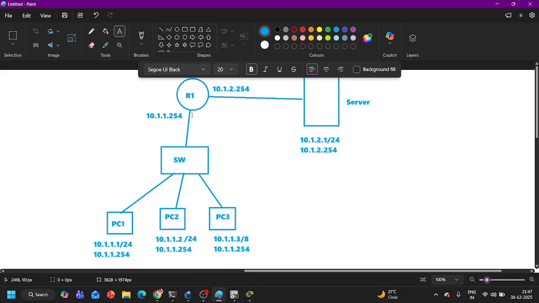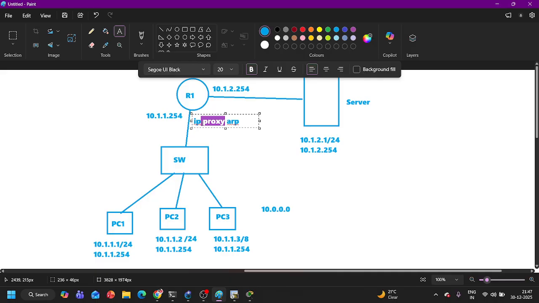If you enable proxy ARP on this interface, ip proxy arp, then what will happen? You know the meaning of proxy. Proxy means someone else is replying or sharing something instead of you, like your friend saying present in the class instead of you, right?